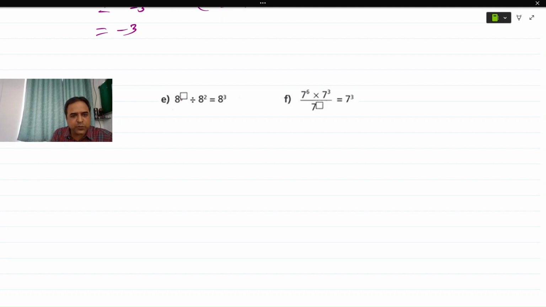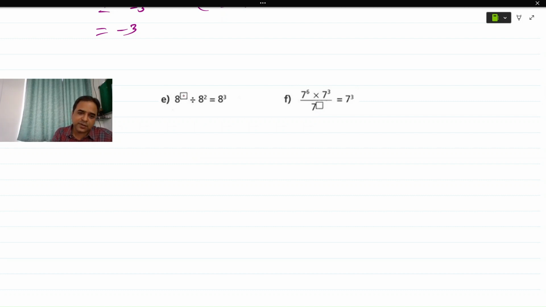So what should be here, so that when you do subtraction of this power, it should give you 3? You can do it directly also. You know that if we are subtracting 2 from something and we are getting 3, it should be 5, because 5 minus 2 will give you 3.